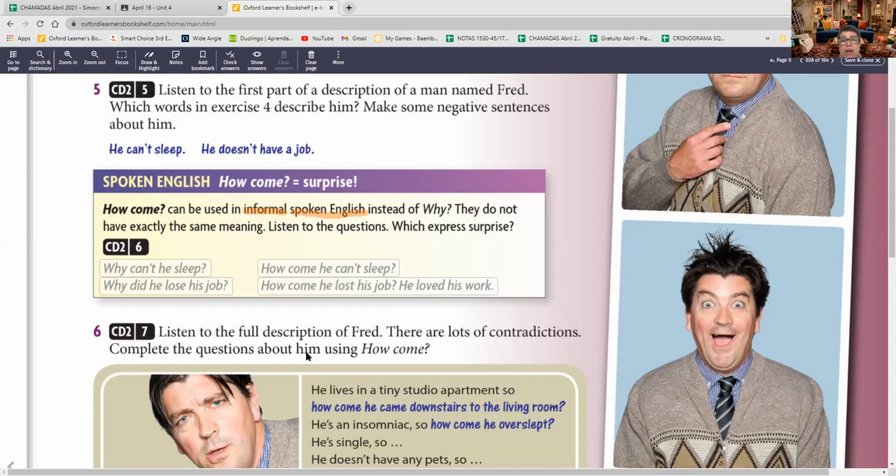He doesn't sleep well. And then as a psychologist, I ask, why can't he sleep? What are the reasons? Does he drink coffee at night? Does he play sports before going to sleep? I want to investigate. That's the idea when I ask with why, okay? I want to understand the reason.